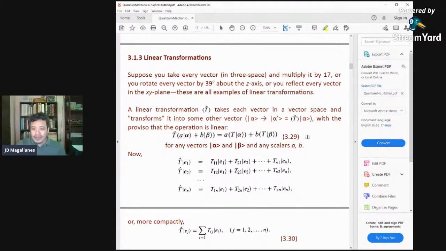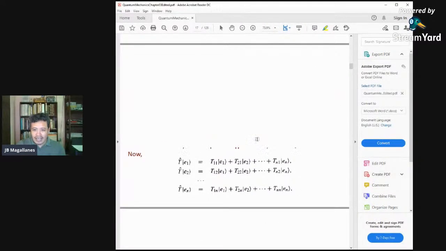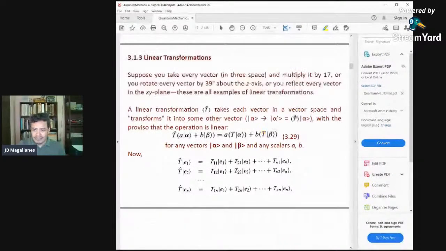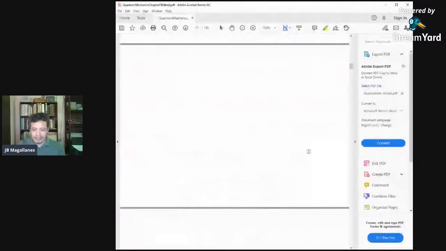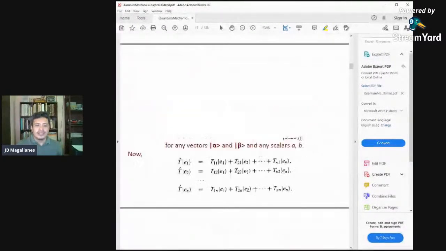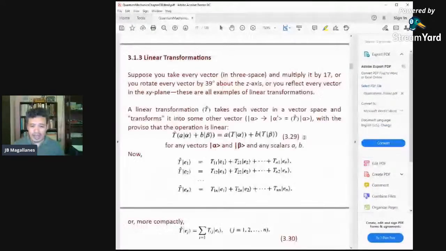By the way, the T here has a hat, like this. Sorry that the figure is not showing it. So that's for any vectors alpha and beta.